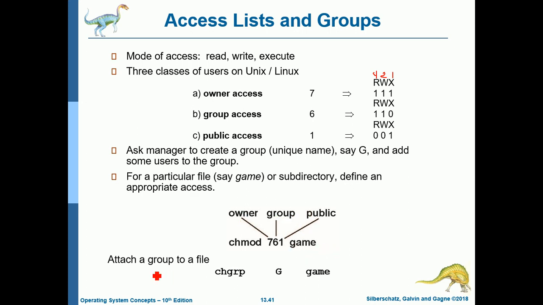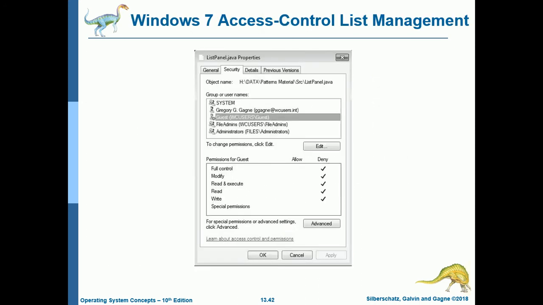So attach group G to the file game. Again, the commands here are not Windows but more of Unix or Linux. So this is the Windows 7 access control list management.